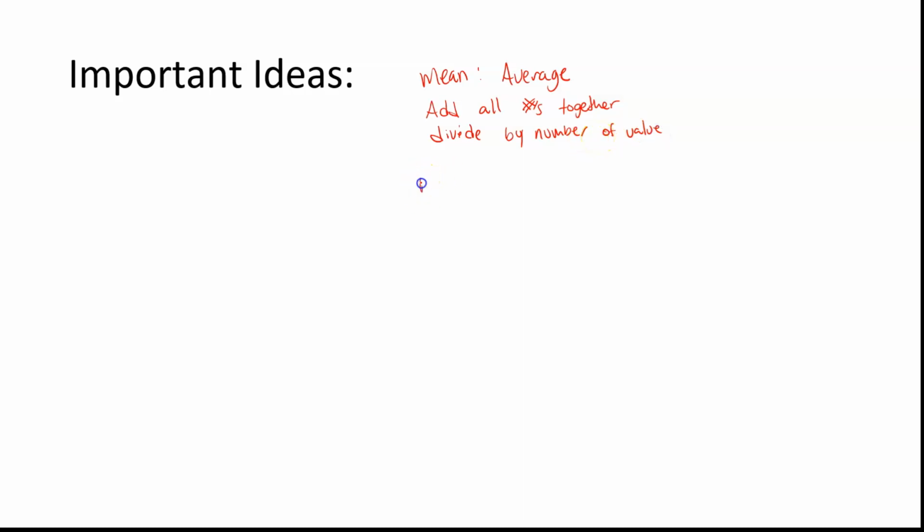And then we have our median, which is our middle value. We're going to order all of our numbers from lowest to highest, and then we select the middle number in that set.